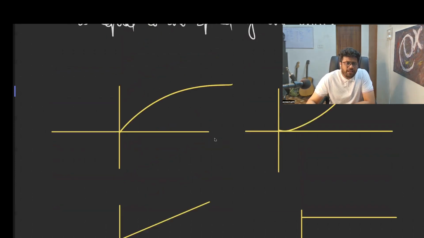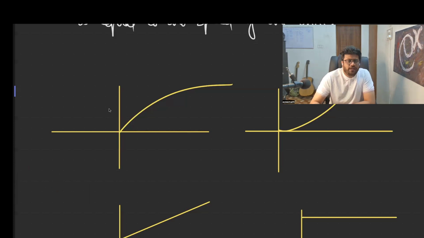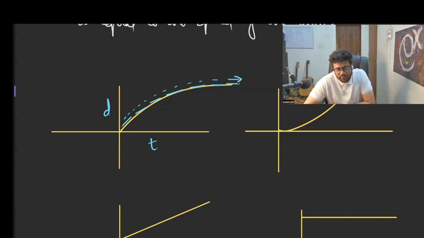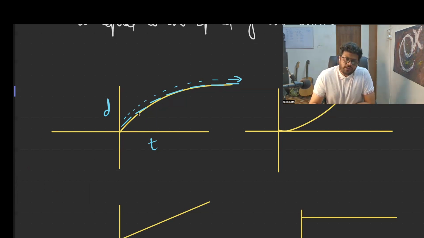Well, what I see with the curve here is that it is flattening out. So if I draw tangents to the curve at different points as I go, I see that the tangents are flattening out as I move ahead in time. So what this means is that the speed is reducing as you're going.